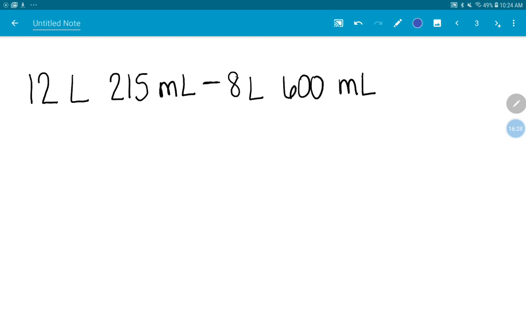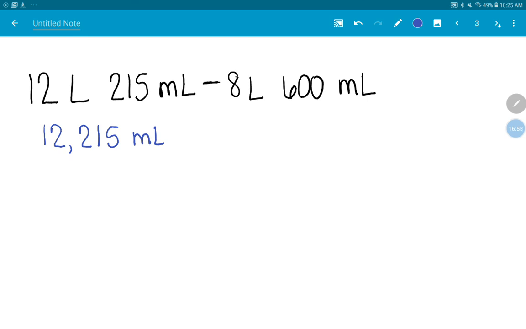Harper, how did you solve? I subtracted 12,215. How did you get 12,215? I took the 12 liters and 215 milliliters and put them together.